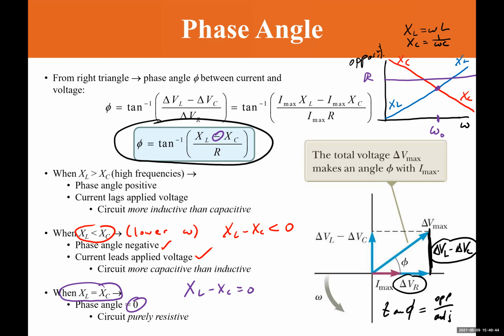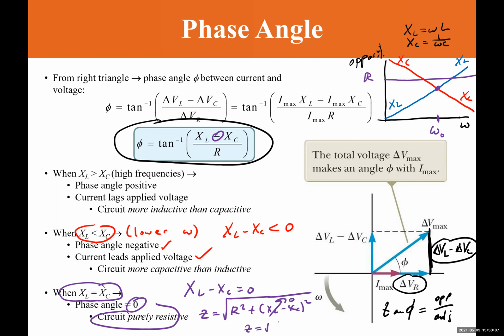Which means that your circuit basically completely ignores the reactances from the inductor and the capacitor. That means it's purely resistive. That means the impedance Z, which is equal to the square root of R squared plus (X sub L minus X sub C) squared, well, those two cancel each other.